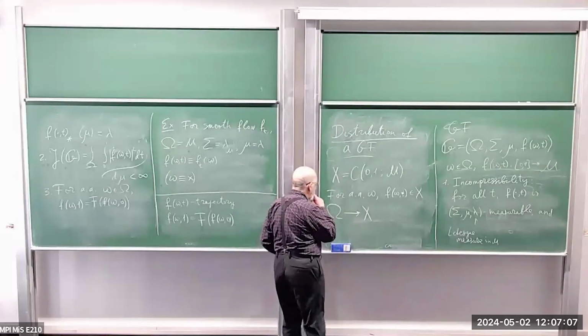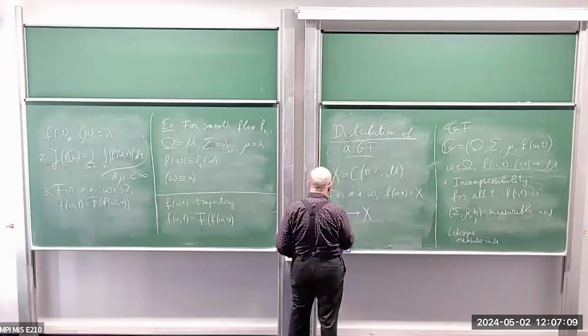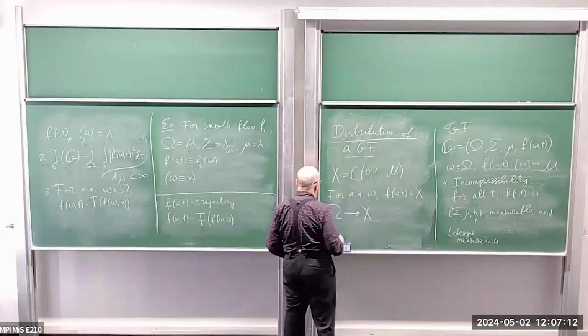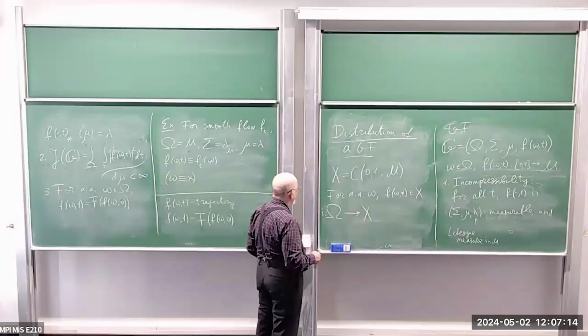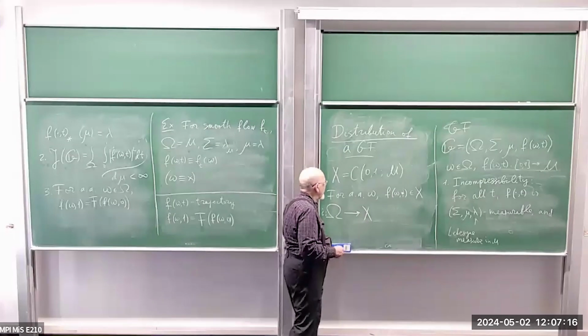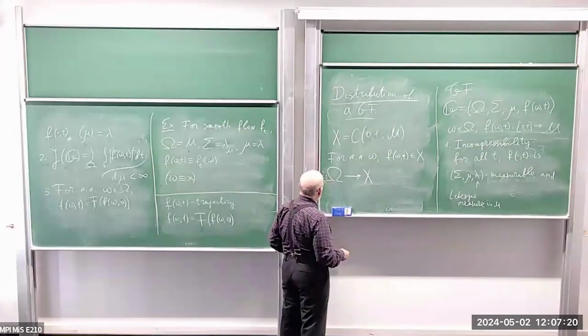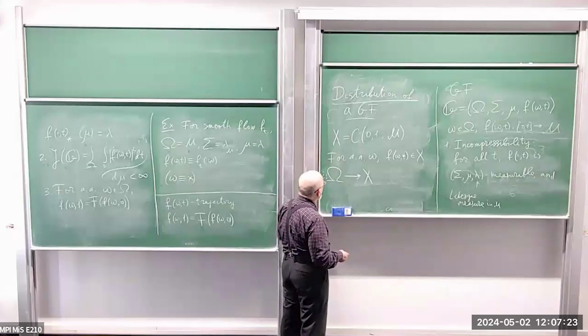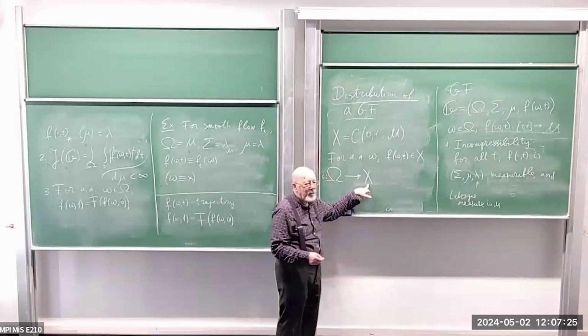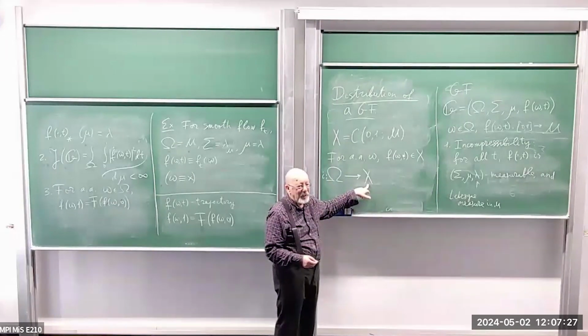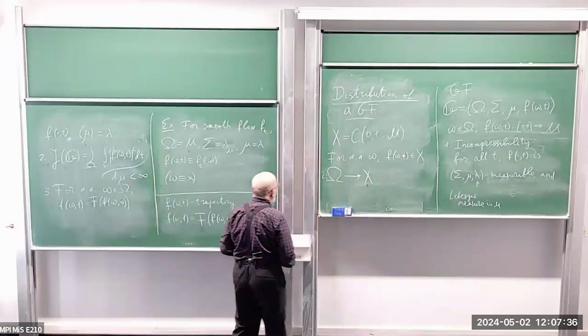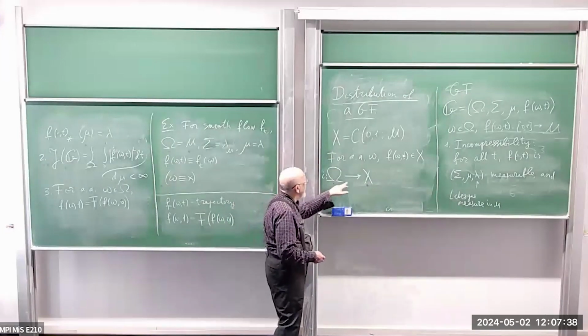Let me call this map I, omega to X. Maybe later I'll find better notation. And in X we have the Borel sigma algebra. And in any reasonable case, this map is measurable.